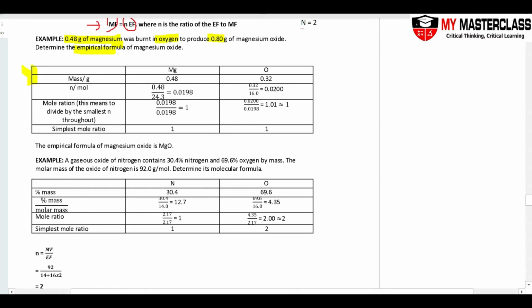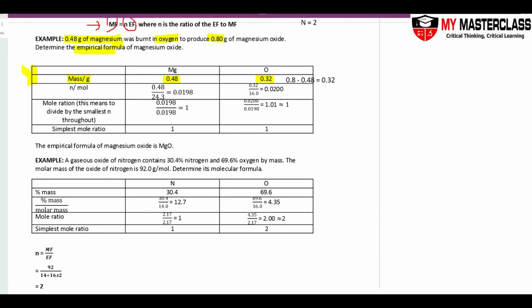The first row is your mass: 0.48 grams of magnesium, and then 0.32 grams of oxygen. How did I get 0.32 grams? Using the information of 0.8 minus 0.48, which is 0.32.